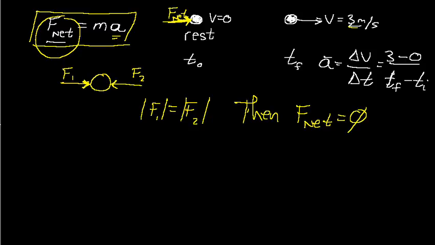As vectors, they cancel one another out, and there's no net force. So the acceleration is 0, and as you might expect, the object remains at rest. Okay, so that's the concept of net force as it ties into mass times acceleration.